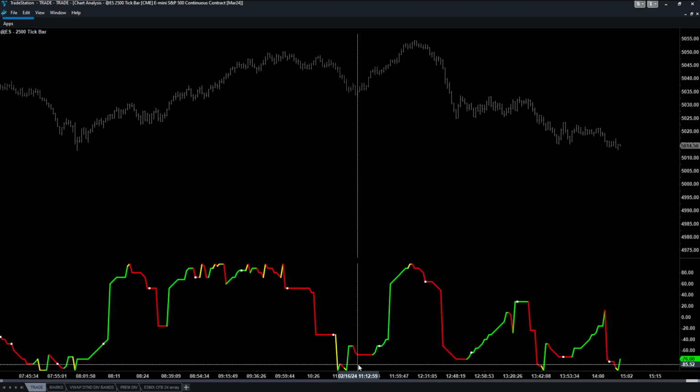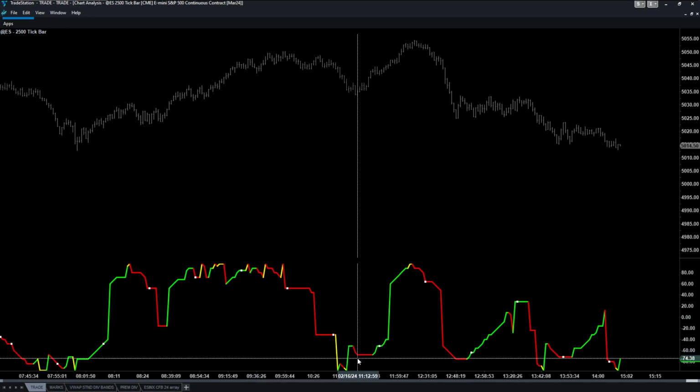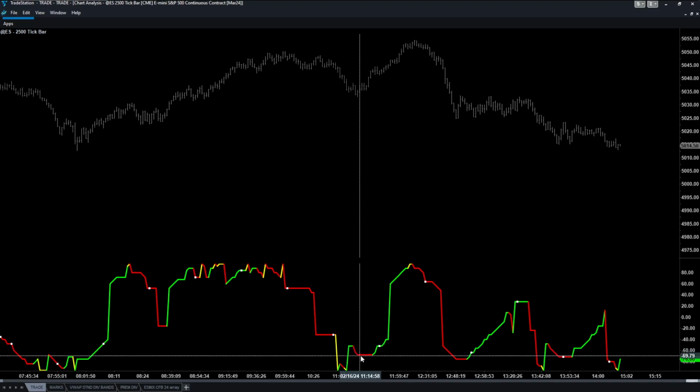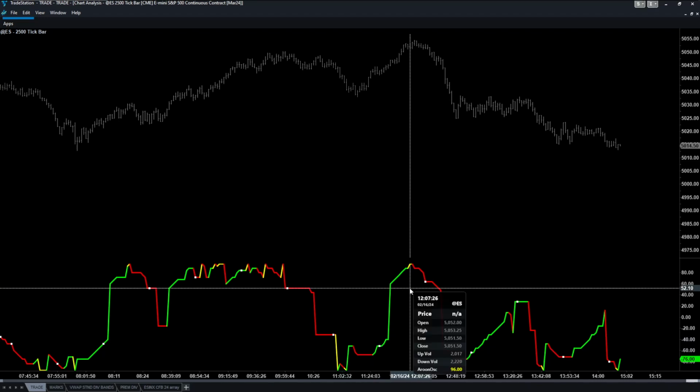We have three colors. Whenever there has been a downward hook, it displays the color red. If it's an up hook, it will go to green. But when it hits its maximum range, which is 96, we make it change color to yellow so that you know you've hit the maximum range.